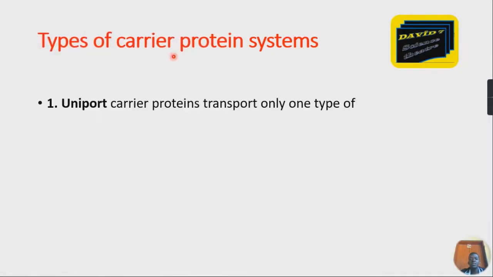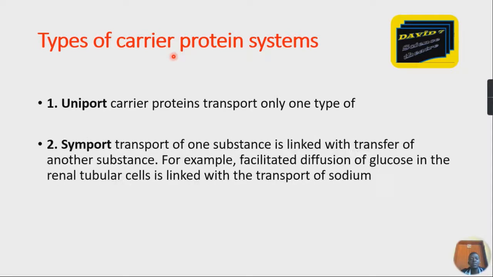Let me talk more about that. A uniport carrier protein transports only one type of molecule, and in a symport carrier, the transport of one substance is linked to the transfer of another substance. For example, facilitated diffusion of glucose in the renal tubules is linked with the transport of sodium.